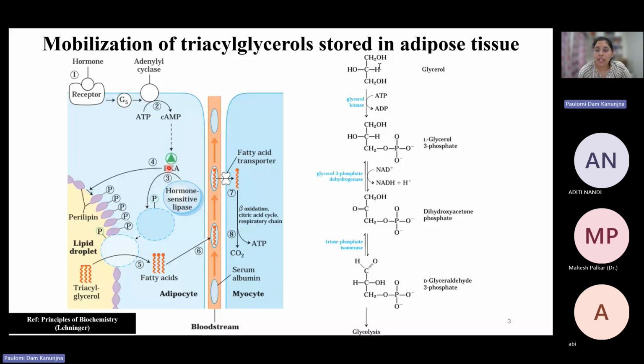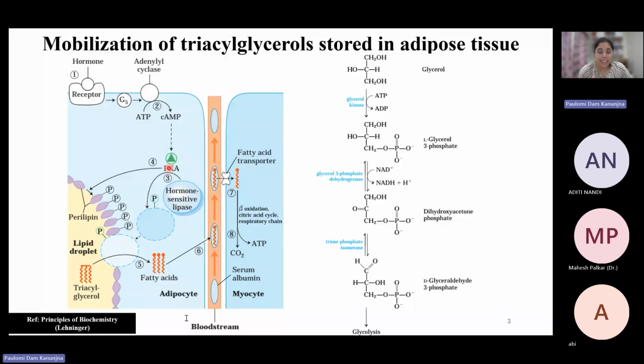So cyclic AMP dependent PKA phosphorylates the perilipin A, and the phosphorylated perilipin now causes hormone sensitive lipase in the cytosol to move to the droplet surface.